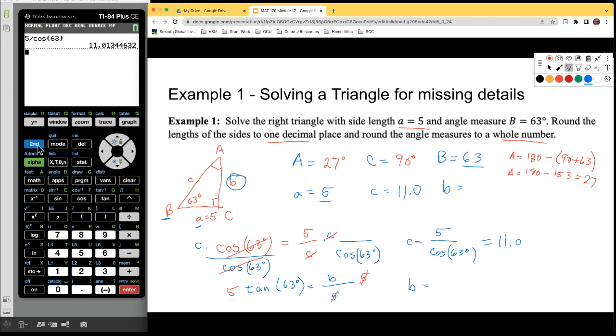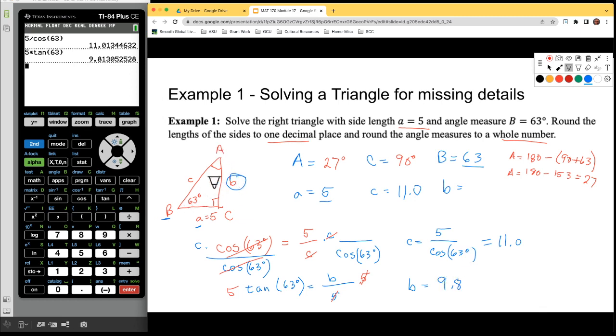And that we can plug in over here. 5 times the tangent of 63. 9.8, because they want it rounded to one decimal place.